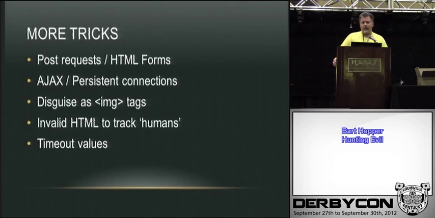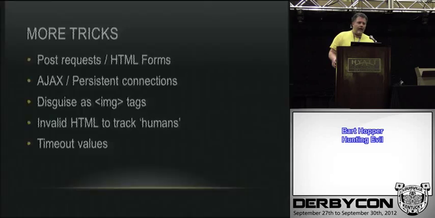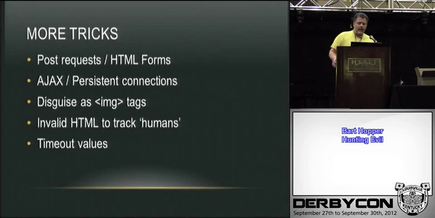Other tricks that they'll use, instead of the normal GET request, they can do the POST request. As I mentioned, the earlier Facebook scam where you can win an iPad, they want you to enter information before you go to the next page. It's almost a CAPTCHA for the attackers. They may use AJAX or other persistent connections, and they can use image links instead of script links.